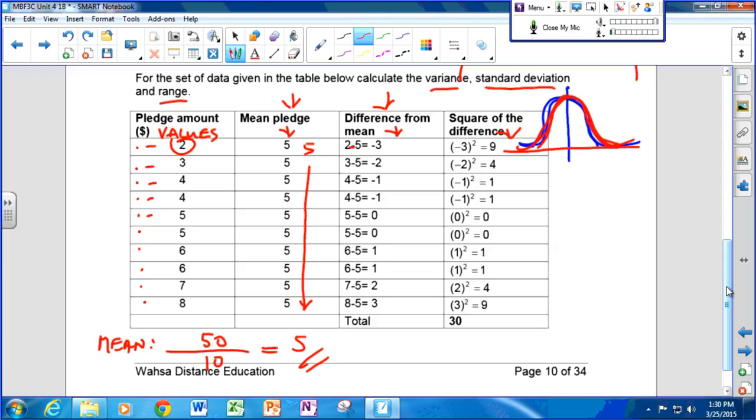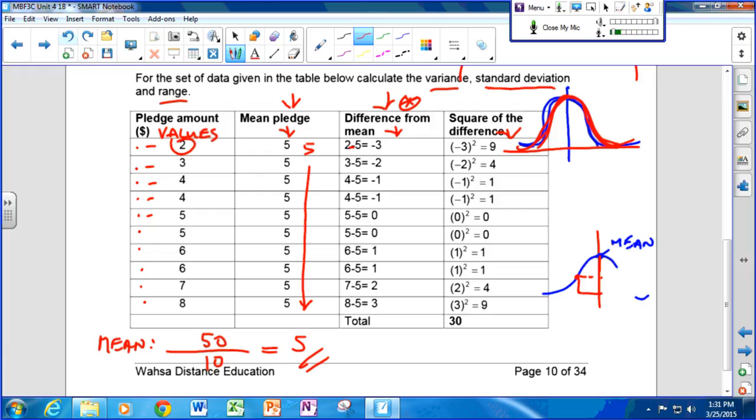So if we have a data distribution, and this is the mean, and we have a data point right here, what this column's difference from the mean calculates is this length right here, the difference between the mean and the actual value. So what we're doing is making a table of values of differences, which gives us some insight into how big this spread is.